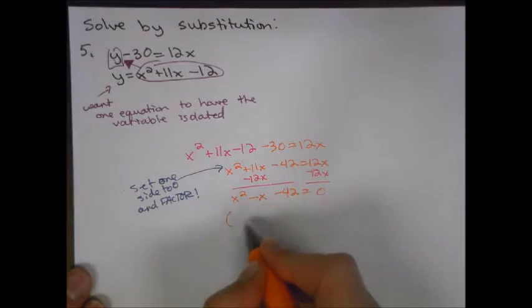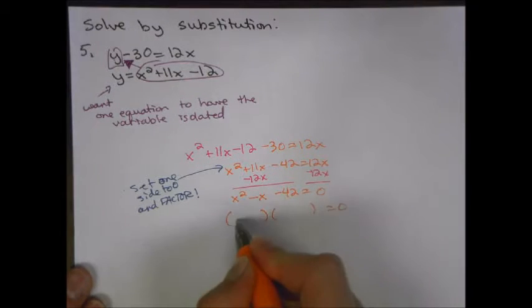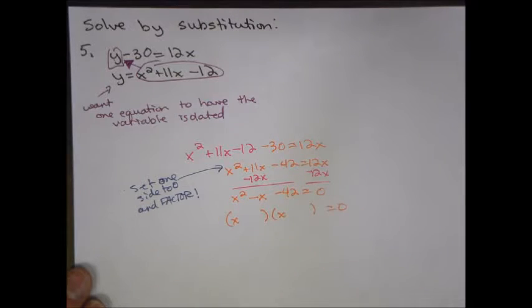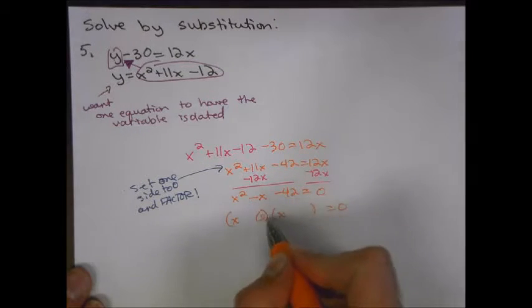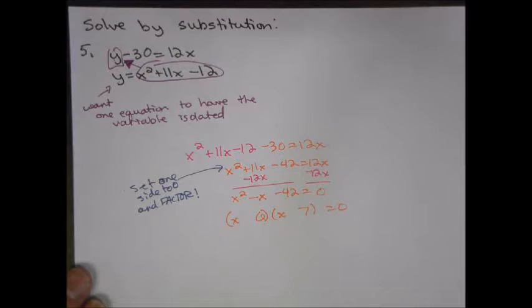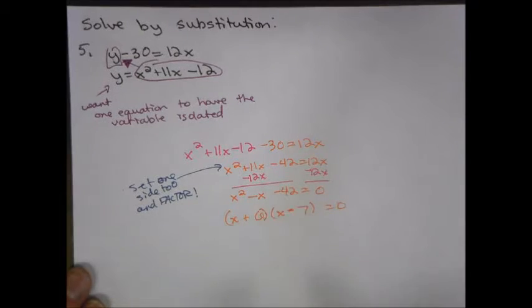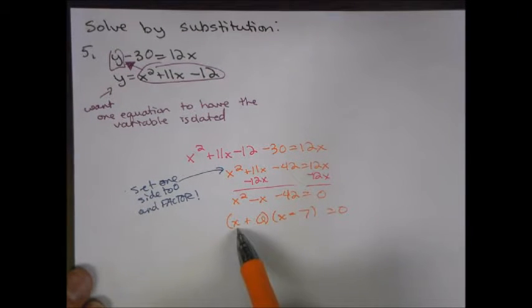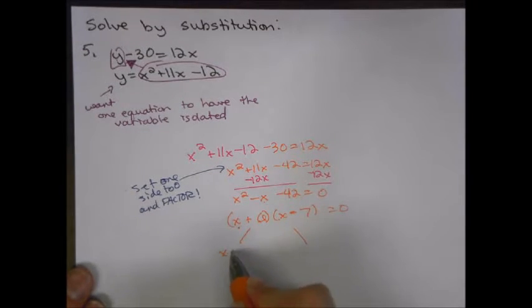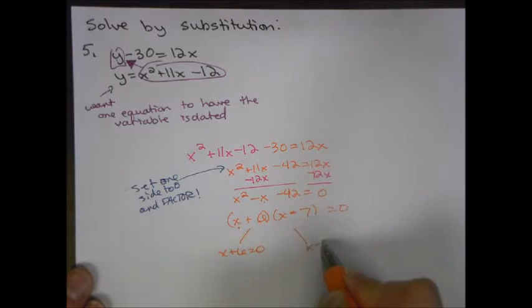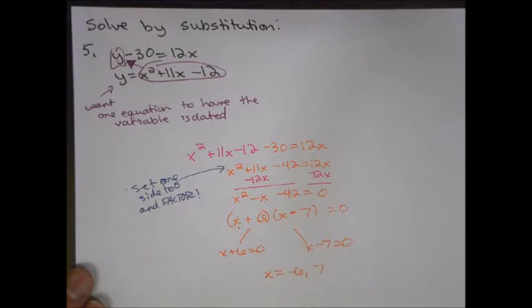Let's try to factor. I think 6 and 7. Let's see if that's a negative and that's a positive. 6 times negative 7 is negative 42. Negative 7x, positive 6x, that's negative x. That works. Set them both equal to 0, and I get x equals negative 6 and positive 7.